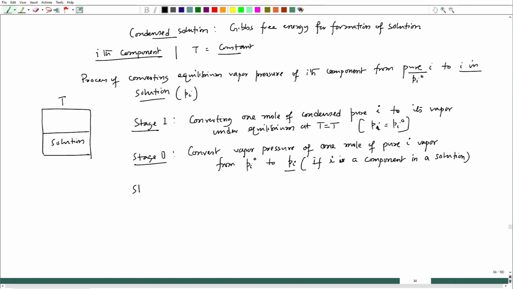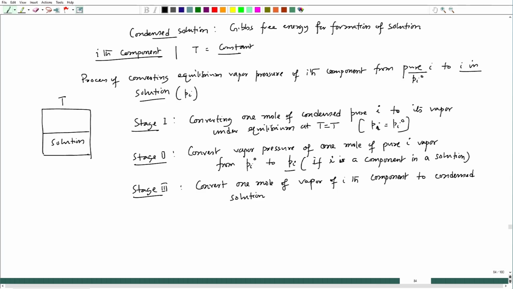And the third stage is basically to convert 1 mole of vapor of ith component to condensed solution, fine. These are the 3 stages we are considering.